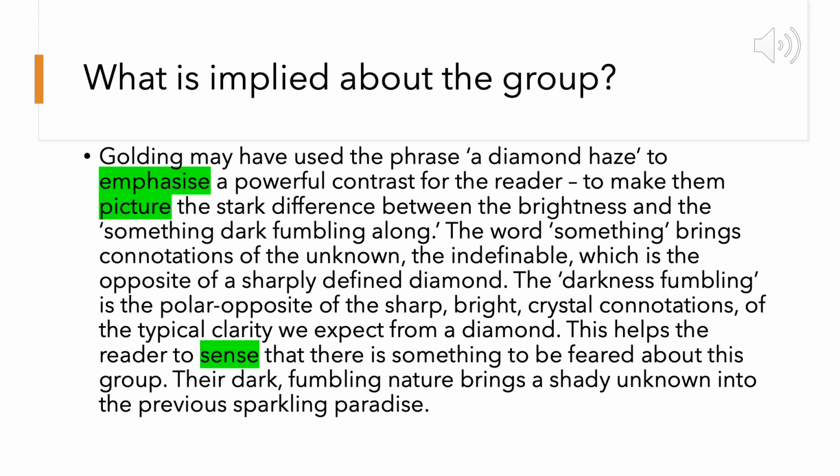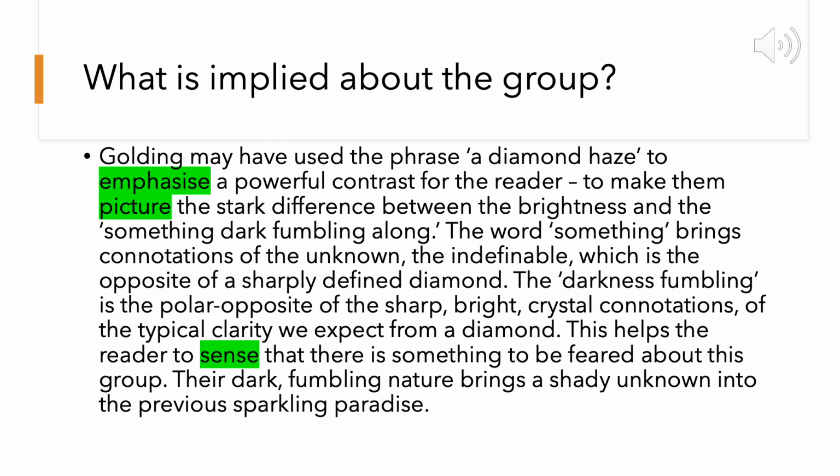So I've said Golding may have used the phrase a diamond haze to emphasise, another one of those verbs, a powerful contrast for the reader, to make them picture the stark difference between the brightness and the something dark fumbling along. The word something brings connotations of the unknown, the indefinable, which is the opposite of a sharply defined diamond.